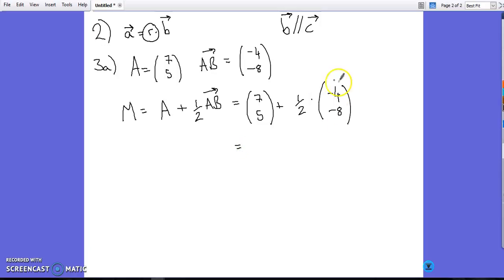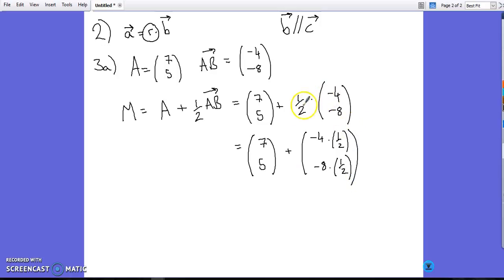And it's worth just taking a little bit of time over this part, because I know some of you are still struggling a little bit with multiplying fractions with vectors, so I'll take this part slowly. 7, 5 plus negative 4 times a half, negative 8 times a half, because when I multiply a scalar by a vector, I multiply each of the components of the vector by that scalar.